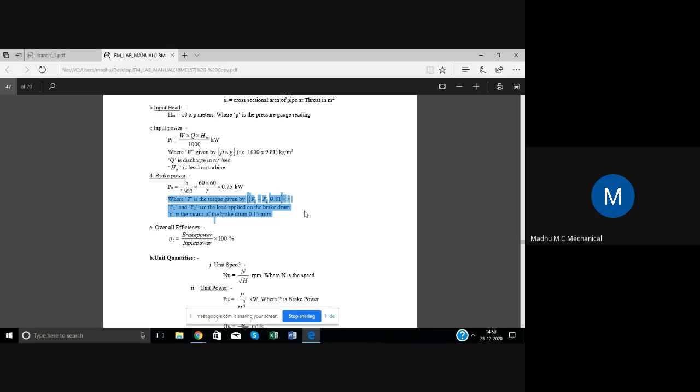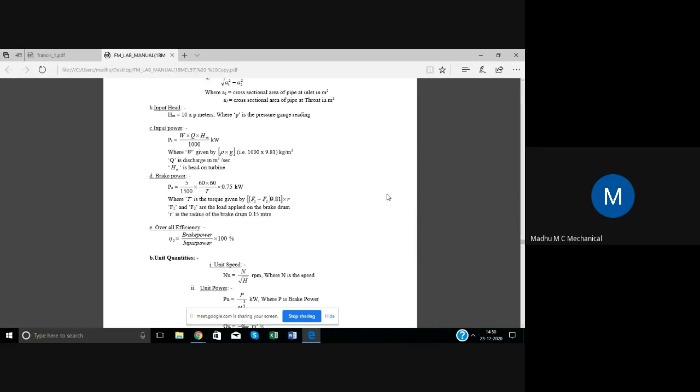Only substitute the value of T and find output power. That's all. Yes, what is the value?